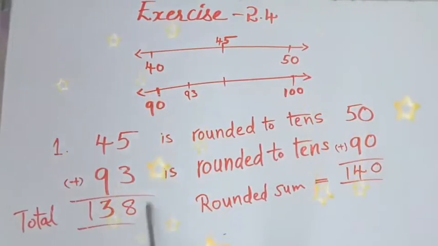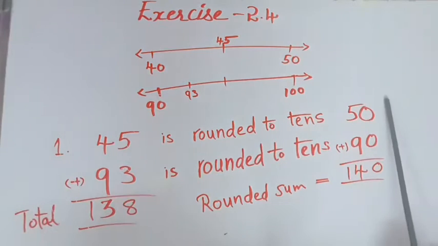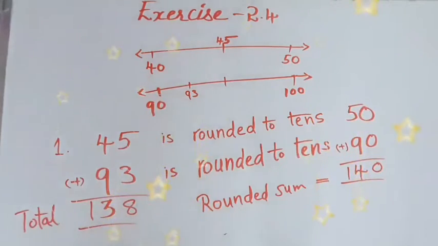Now we have to add our actual numbers: 5 plus 3 is 8, and 4 plus 9 equals 13. So 138 is our total. Now we have to add our estimated numbers, that is 50 plus 90: 0 plus 0 is 0, 5 plus 9 is 14.